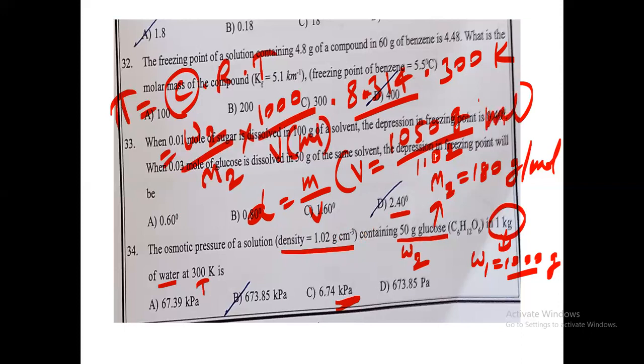After getting volume in milliliters, this volume should be substituted here to get the final answer. Now first we get pi value in pascals. After that we can convert into kilopascal. How? 10 power 3 Pascal equals 1 kilopascal.